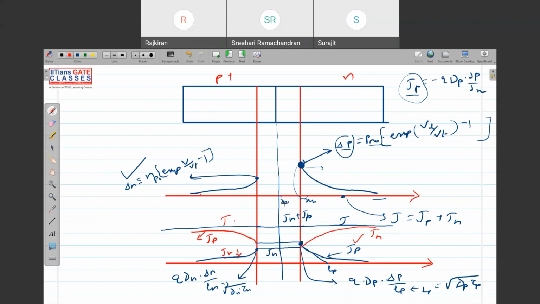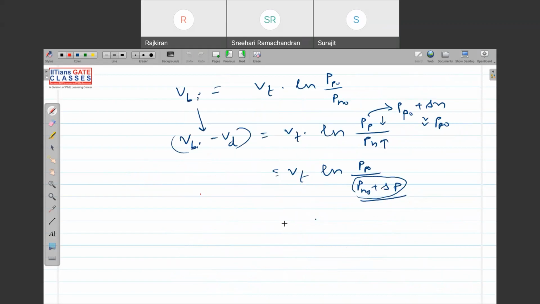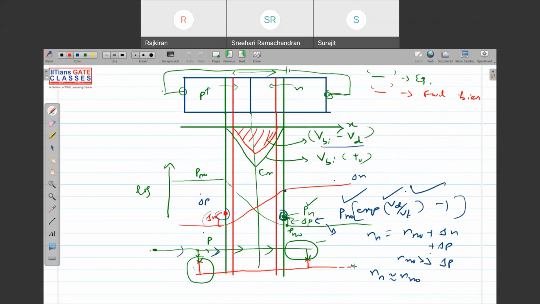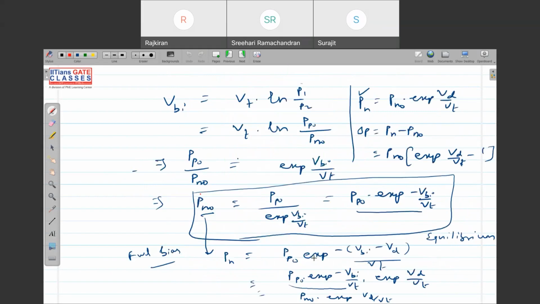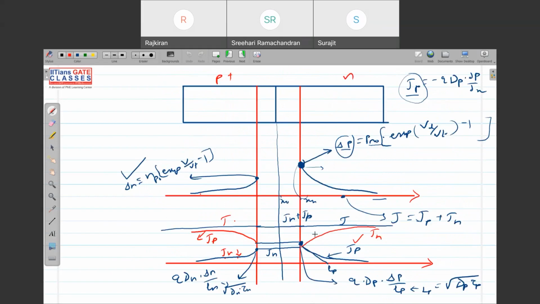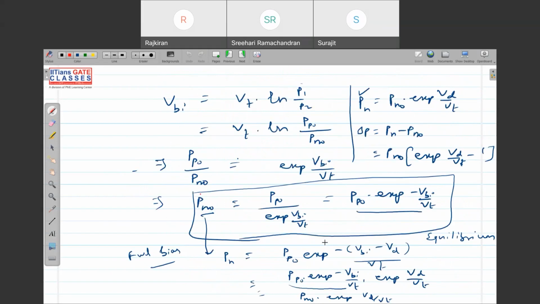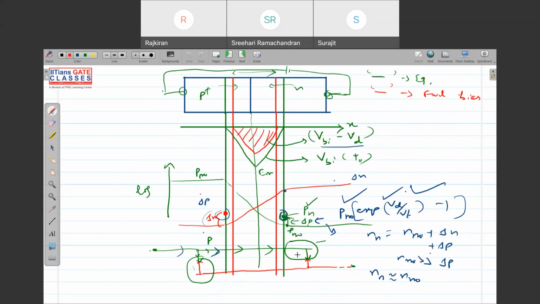One more thing, like I showed you in the flow diagram: the electrons are injected from the contact, and this is my electron current, which maintains neutrality because it recombines with the holes, and also electrons are injected from the N side to the P side.